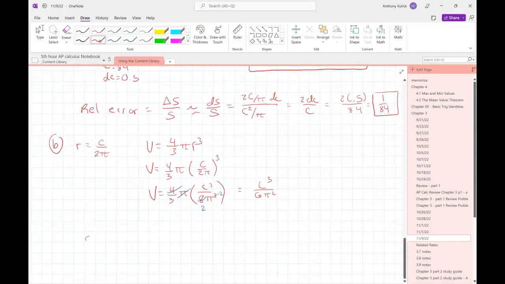Now we need to calculate dV. So dV/dc is going to equal 3c squared over 6 pi squared, or just c squared over 2 pi squared. And then we'll multiply both sides by dc.